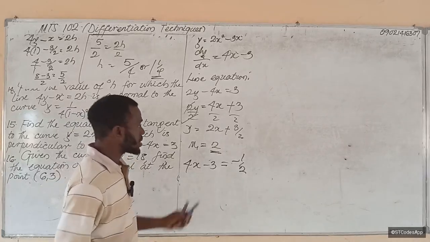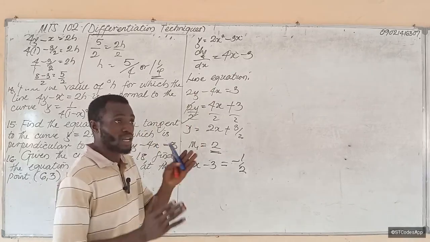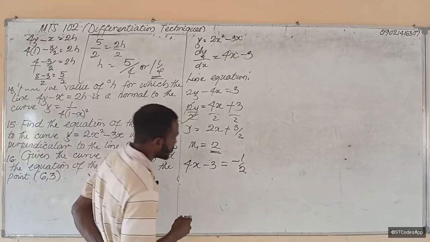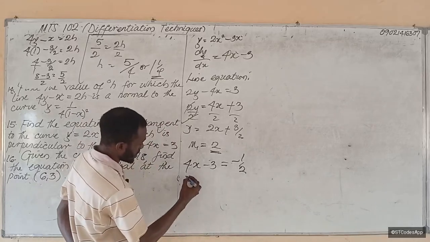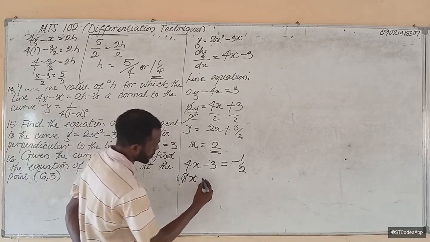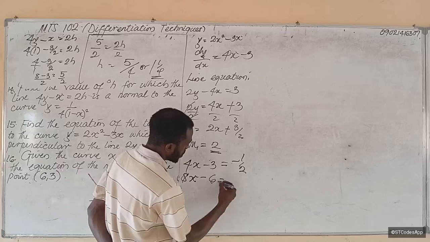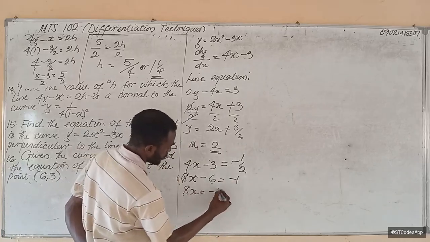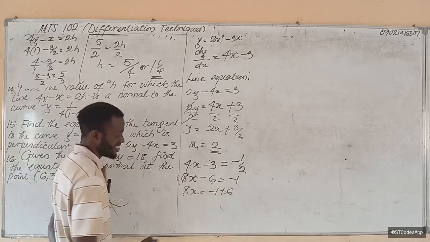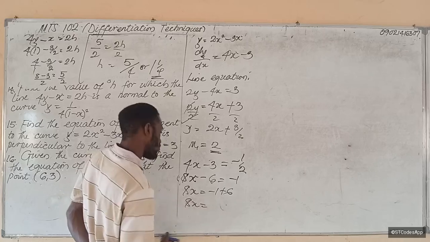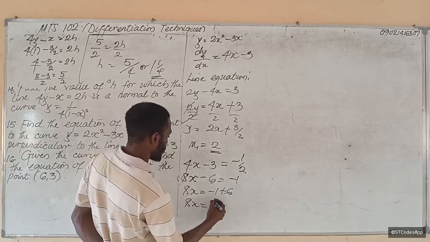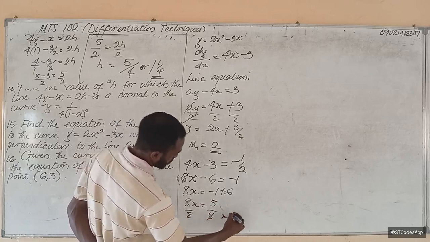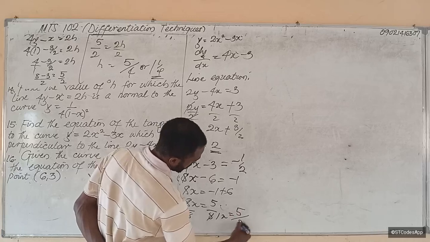Because this is slope and this is slope, and they said the two lines are what? Perpendicular. So you multiply 2 by 4x minus 3, you will get 8x minus 6 is equal to minus 1. So you have 8x is equal to minus 1 plus 6. So you have 8x is equal to 5. So by 8 over 8, x is equal to 5 over 8. All right.